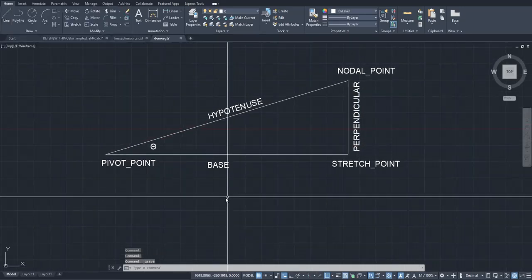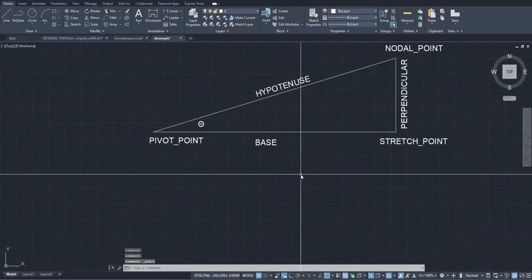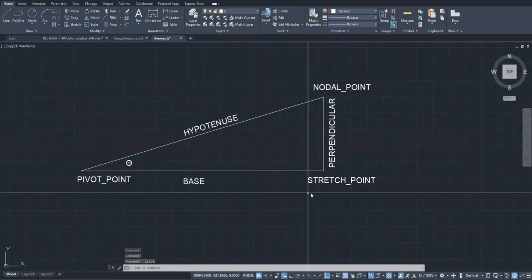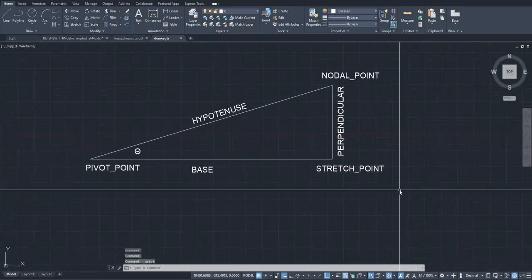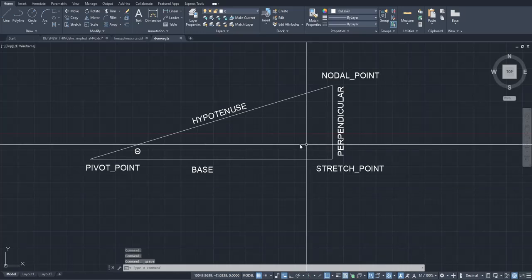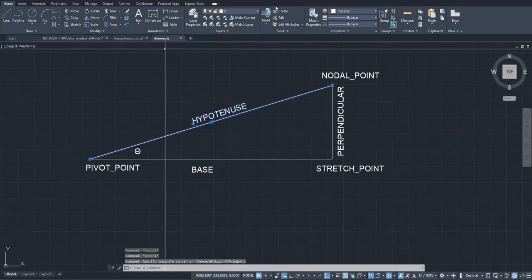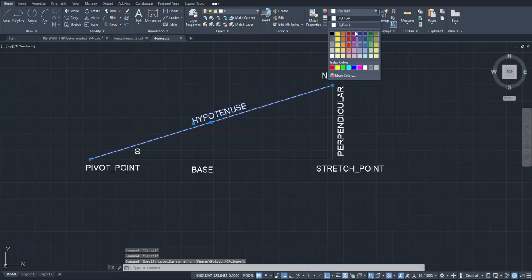Like in geometrifying trigonometry, several terms are there, like pivot point, stretch point, nodal point. These are necessary because theorems in geometrifying trigonometry deal with the number of triangles, numbers of line segments and bunches of line segments aligning with each other. The color codes are also very important.